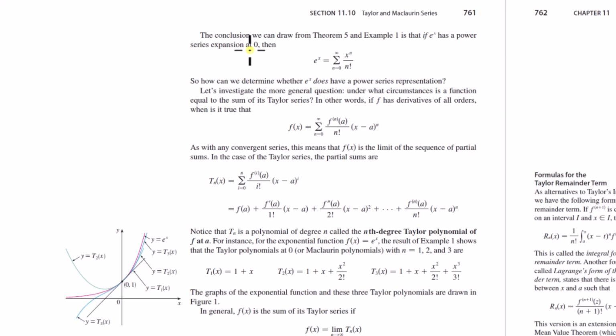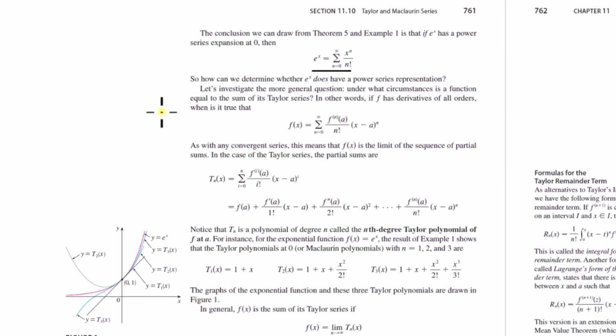If we centered e to the x about some other point, then we just have to start all over. So if e to the x has a power series expansion at 0, then it's going to be this. If it does, okay? So how can we determine officially whether e to the x does have a power series representation?